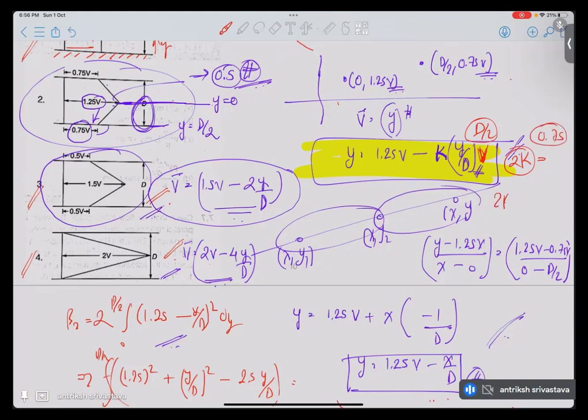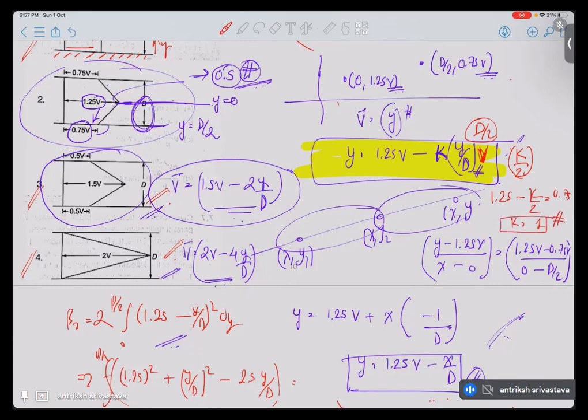So 2k is going to be 1.5 minus, sorry, oh my god, I made a mistake again. So when you put y equal to d by 2, it will be k by 2. Yeah. So 1.25 minus k by 2 is coming out to be 0.75. And then k will come out to be 1.